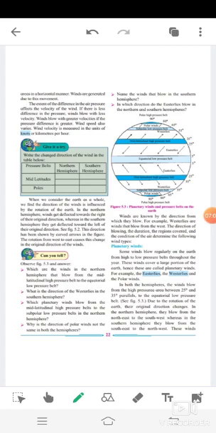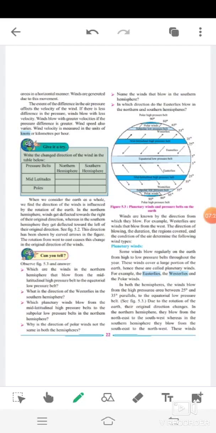Now, planetary winds. The winds that blow regularly on the earth from high to low pressure belts throughout the year are called planetary winds. These winds cover a large portion of the earth. For example, the easterlies, the westerlies, and the polar winds.